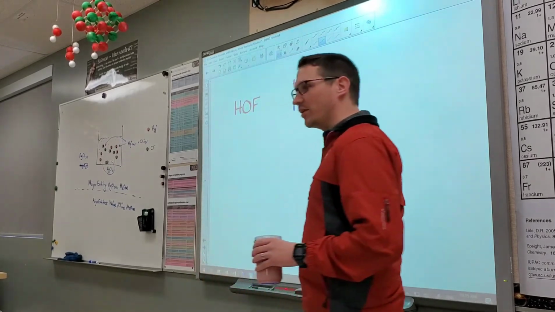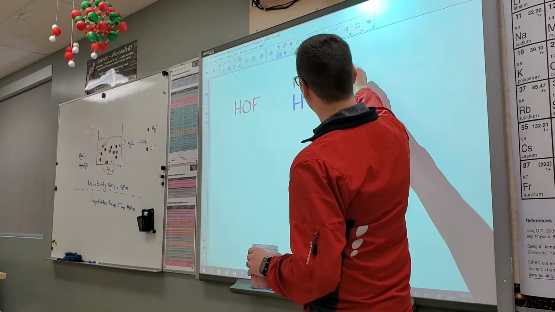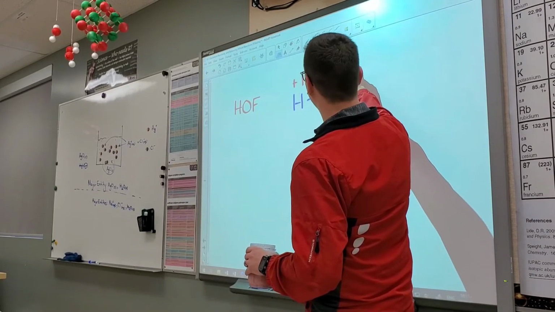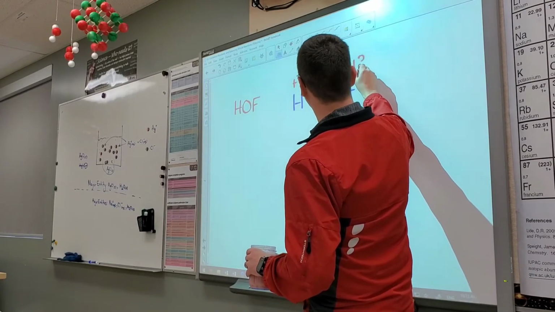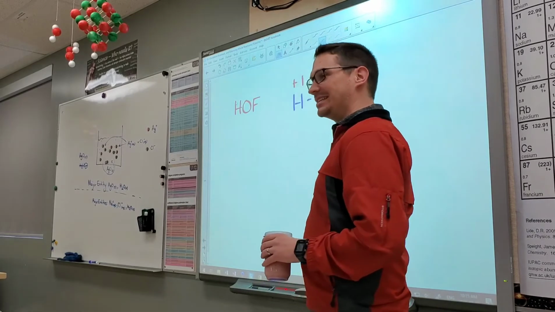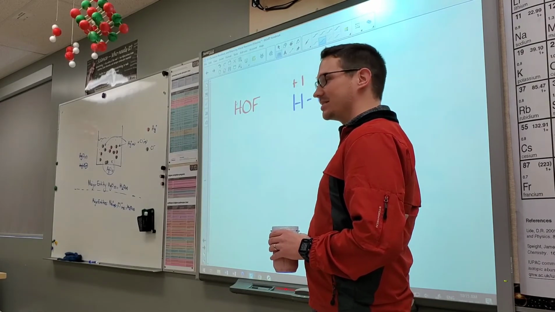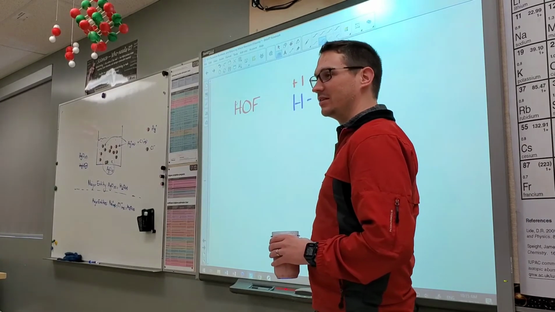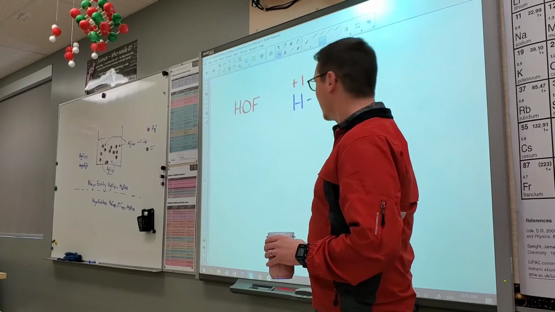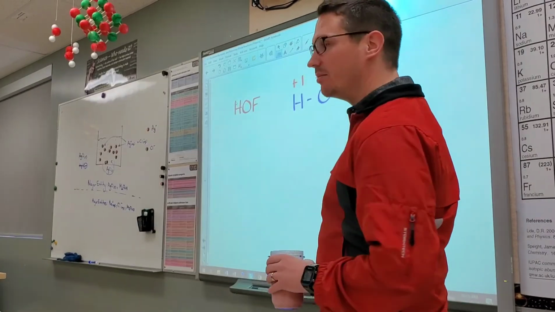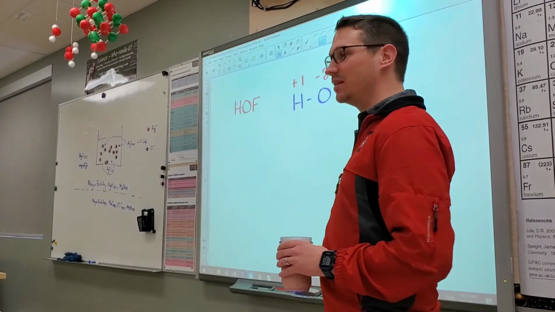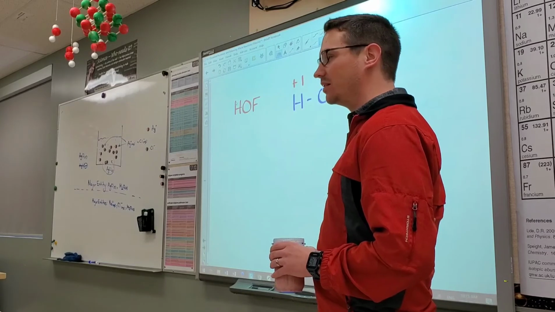So what does that mean fluorine has to be? Does that make sense? Because that doesn't make sense to me. That makes absolutely no sense to me. Nothing about what we learned yesterday shows me that fluorine should be +1.